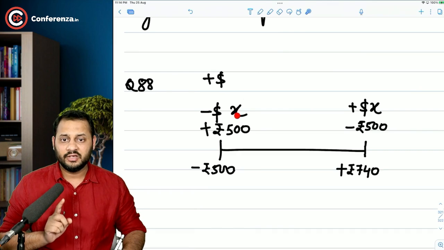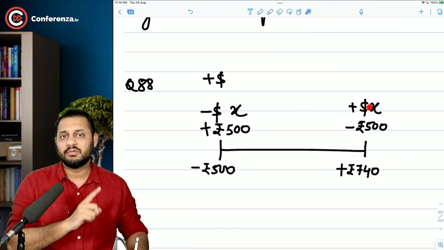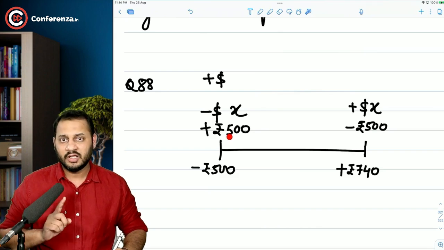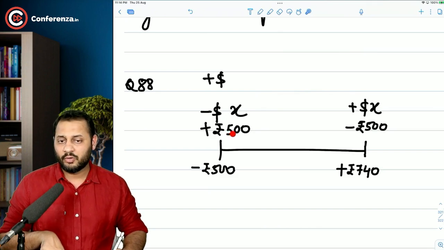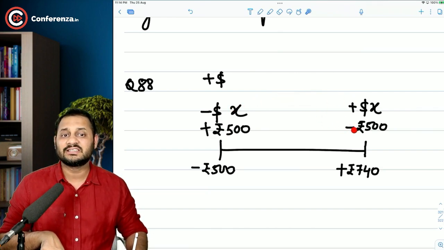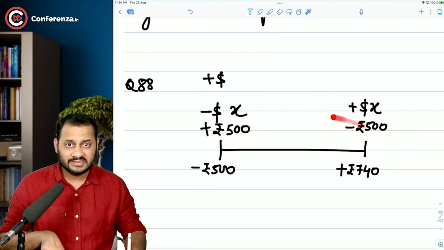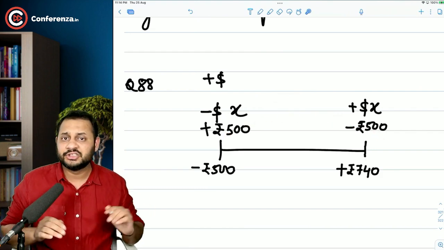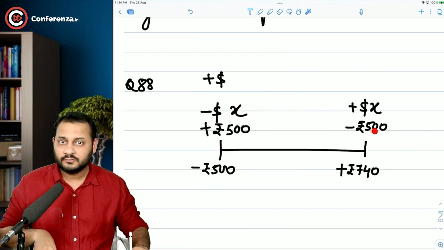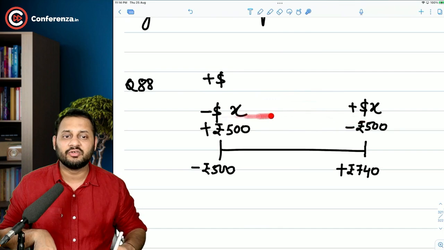That means we are going to receive the same amount of dollar as we paid with the same amount of rupees. Today, we bought 500 crore rupees for X dollars. Tomorrow, we will buy X dollars for the same price. If the price is the same, there is no change in the exchange rate for this much of the dollar. That means there is no risk of exchange rate on this much.